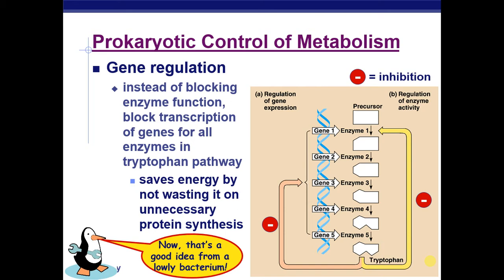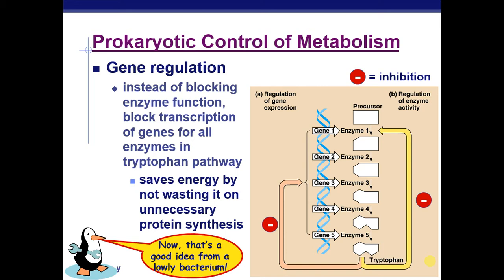So one example that we're going to be talking about is the regulation of metabolism, and that's because it's a very deeply studied, easily illustrated example of gene regulation in prokaryotes.